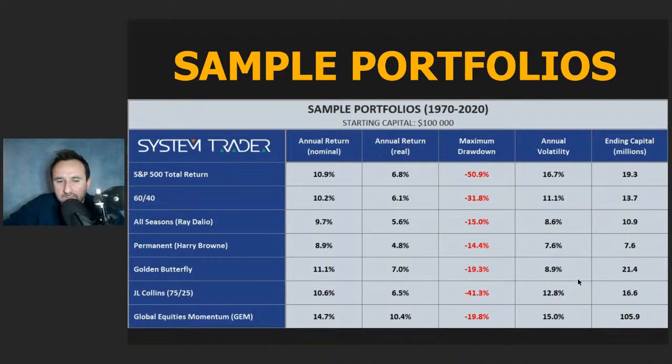On the other hand, and I will tell about that maybe in some subsequent materials, you have something like Global Equities Momentum, GEM. The active strategy which I mentioned, introduced by Gary Antonacci, whom I had the honor to have on my podcast twice, and his strategy over 50 years was able to make a real return of over 10% each year.